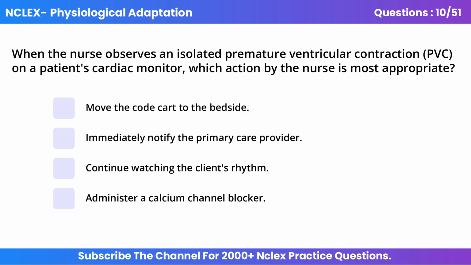Question 10. When the nurse observes an isolated premature ventricular contraction, PVC, on a patient's cardiac monitor, which action by the nurse is most appropriate? C. Continue watching the client's rhythm.